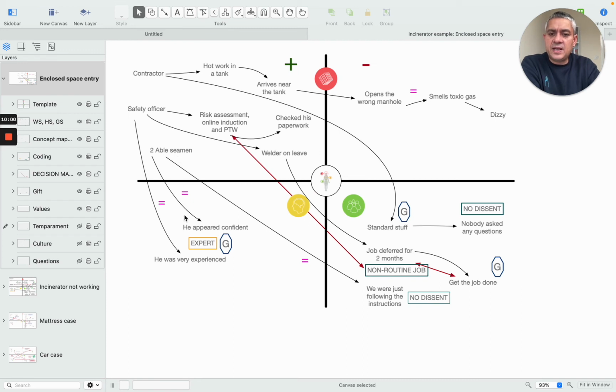The able seaman says that the contractor appeared very confident. So people are telling you what they see. And the idea of putting values like neutral, negative, and positive is that we start to see what is the mood of this conversation. Are people feeling down as they are being interviewed? Are they feeling positive, or are they just giving you the facts? And what this tells us is that most of the conversations in this incident are neutral conversations.